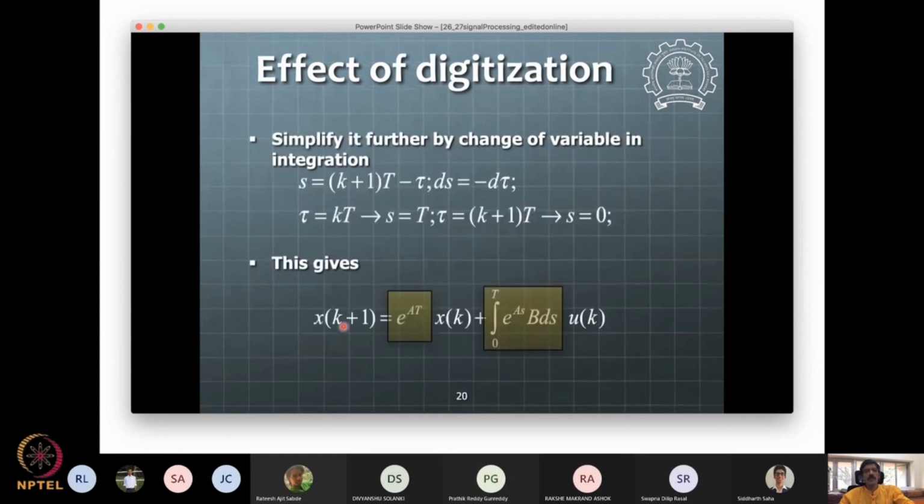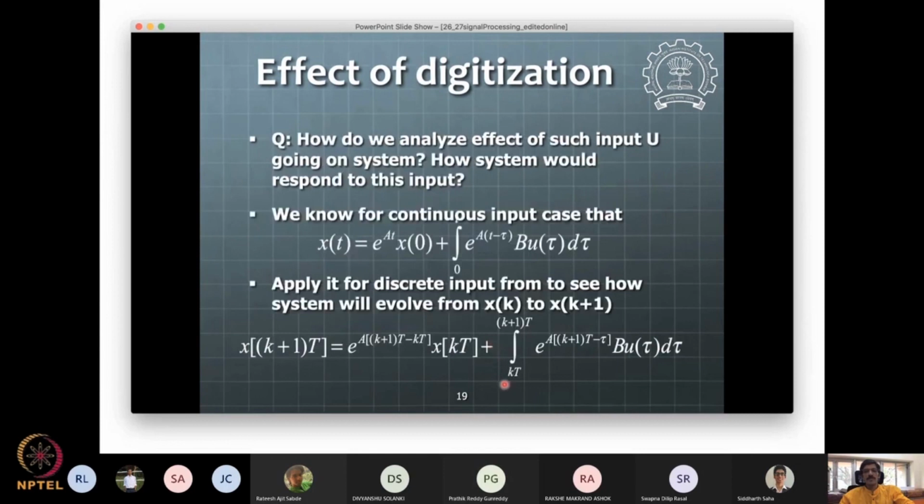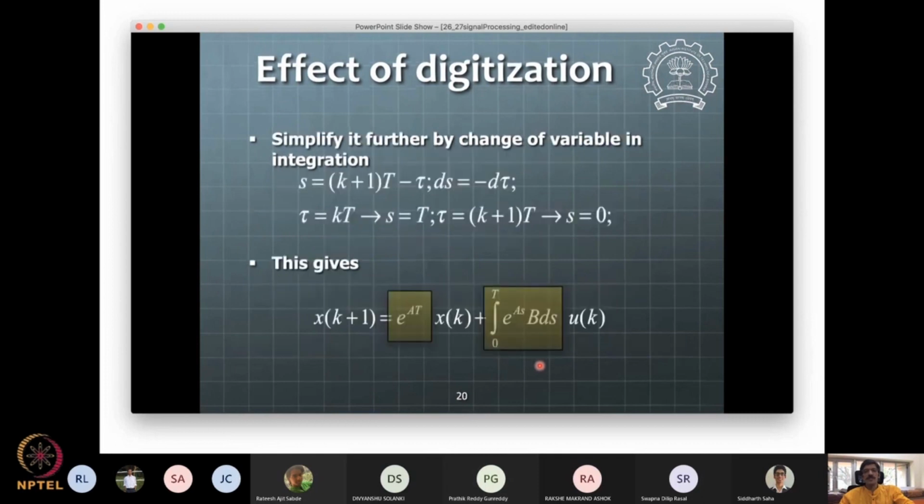So x of k+1 is equal to e to the power AT times x of k plus this integral from 0 to T; if the time axis is shifted, you get this simplification here: 0 to T, e to the power As, B ds.